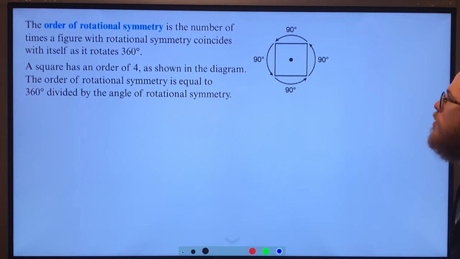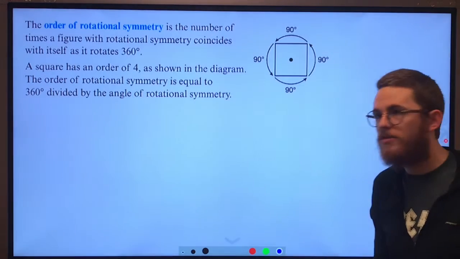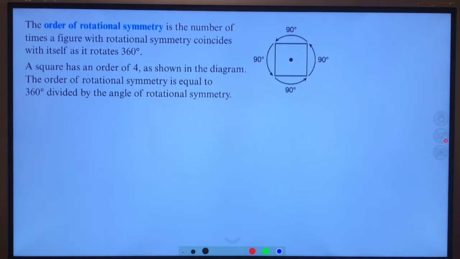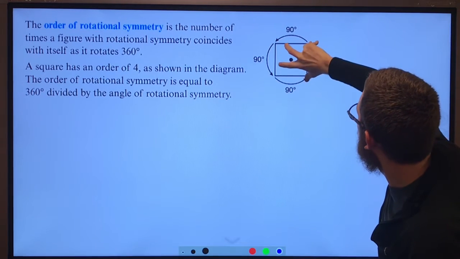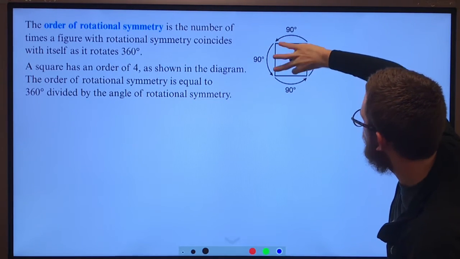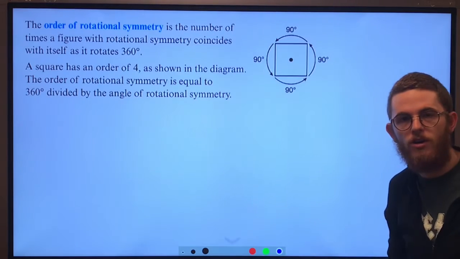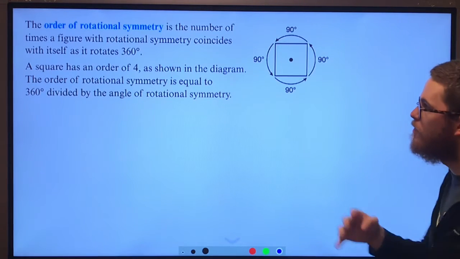Here it says the order of rotational symmetry is the number of times a figure with rotational symmetry coincides with itself as it rotates 360 degrees. A square here has rotational symmetry of order 4. 1, 2, 3, 4. As it goes 360 degrees, it would coincide with itself 4 times.